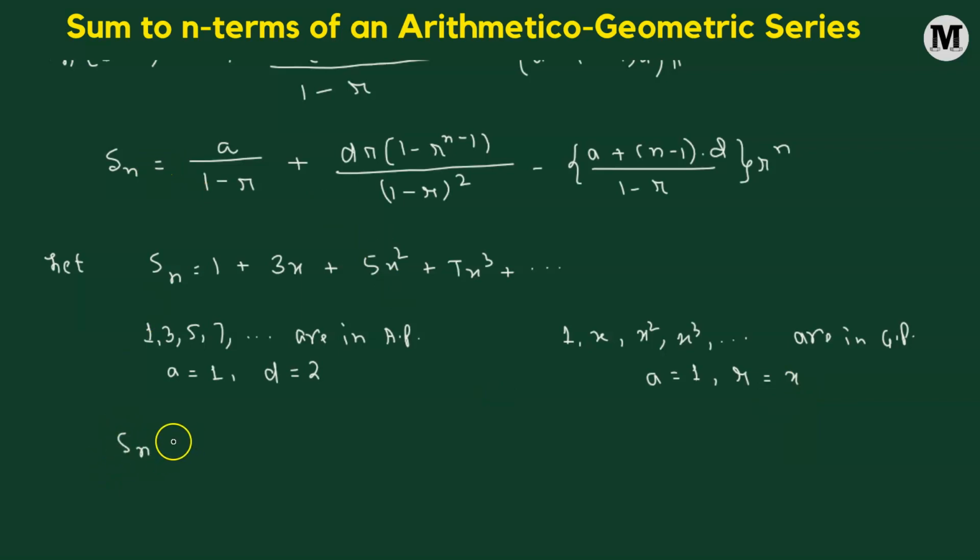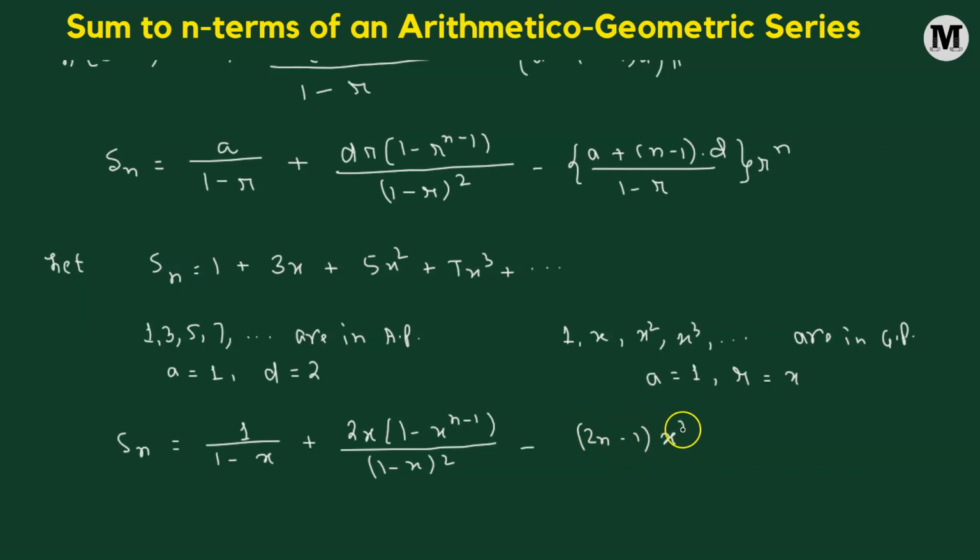So Sn is equal to the first term 1 divided by 1 minus the common ratio x, added to d times r, that means 2 times x, times 1 minus x raised to the power of n minus 1, divided by 1 minus x whole squared, minus 1 plus n minus 1 times d, where d is 2. This simply gives us 2n minus 1, multiplied by x raised to the power of n, divided by 1 minus x.